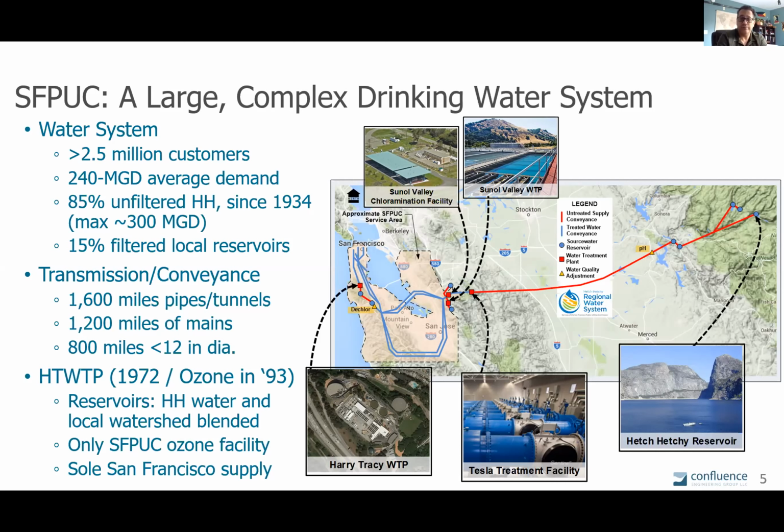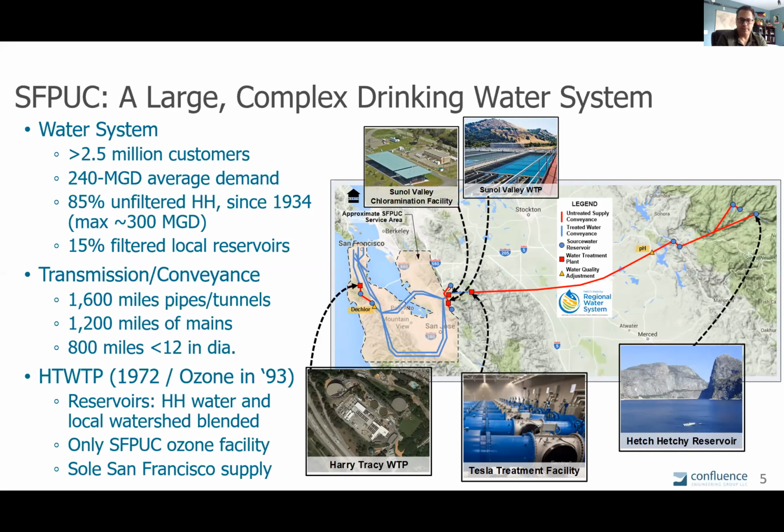They have roughly 240 MGD demand across their system, and about 85% of their system is unfiltered from the Hetch Hetchy, the eastern Sierra Nevada mountains that you see on the right-hand side of your screen. The red line is that transmission and conveyance system that brings water westward into their service area.